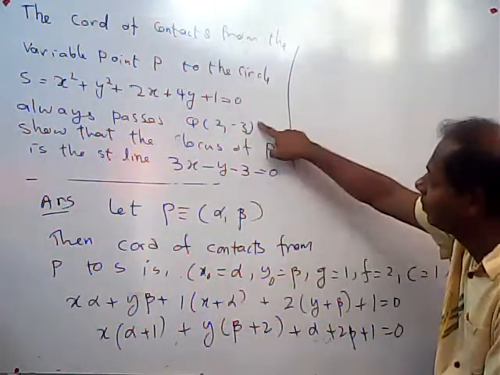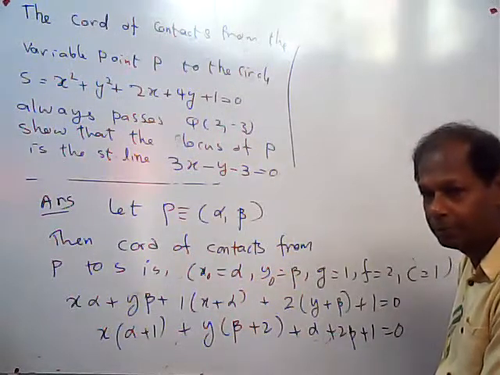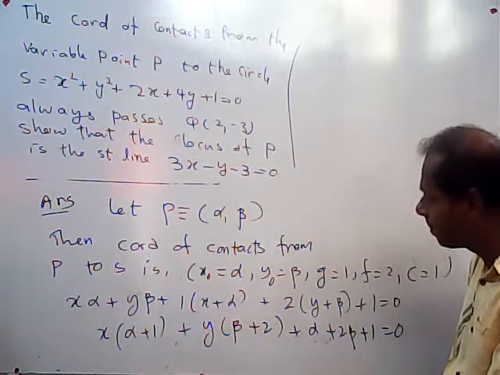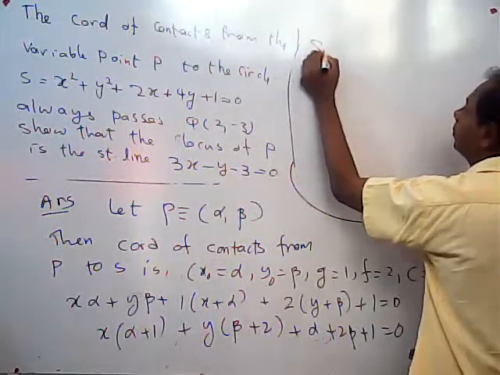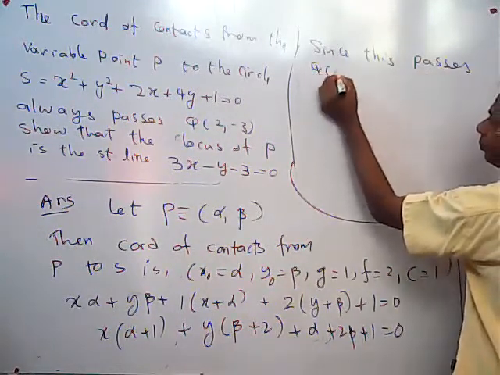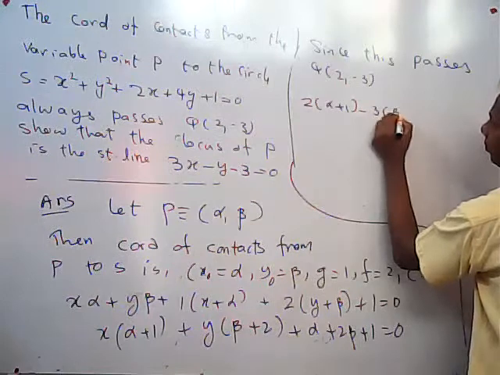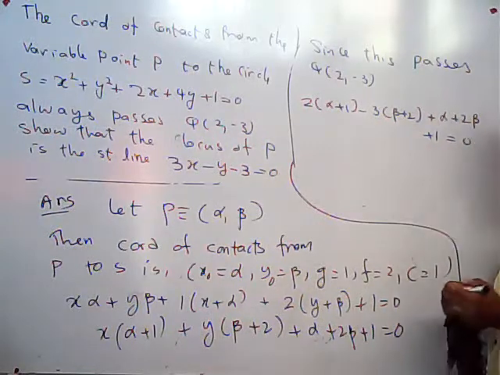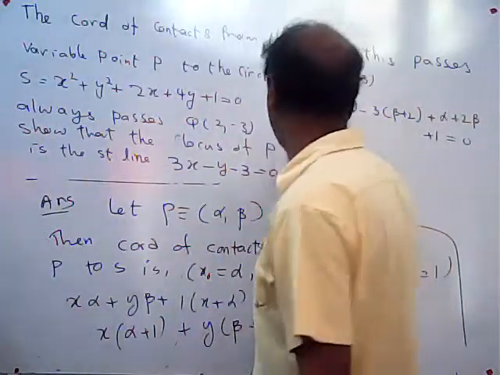And now we are given that it always passes through this point Q. So this equation will satisfy the point Q. You get some relationship of alpha and beta like this.